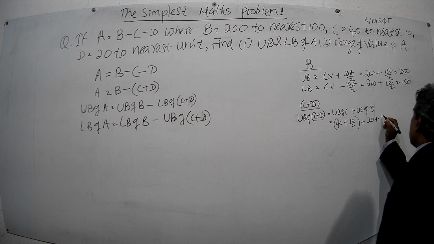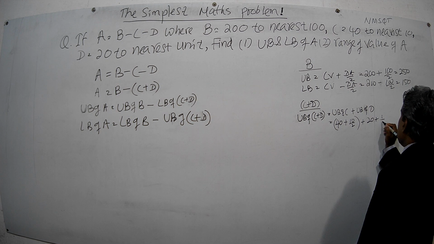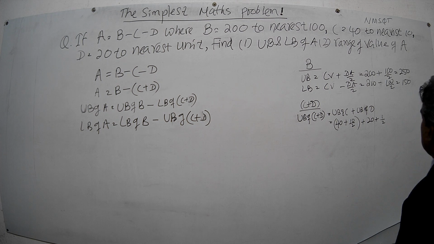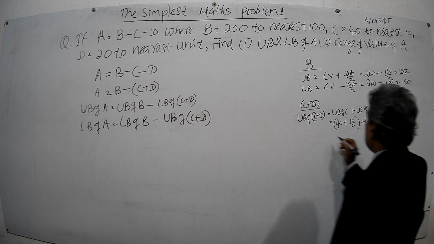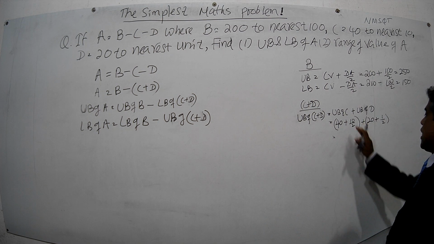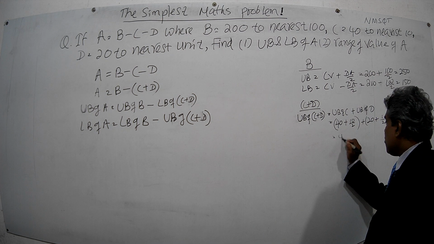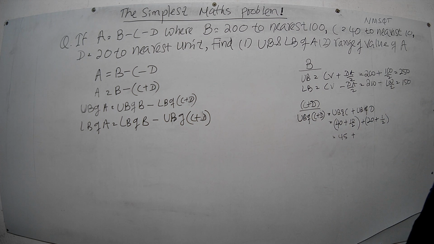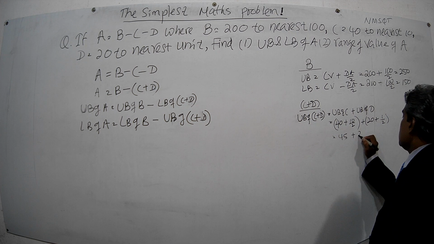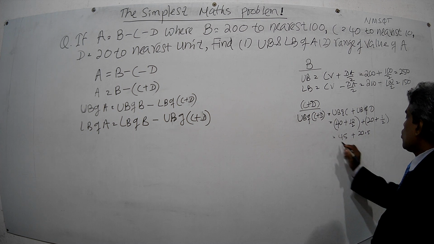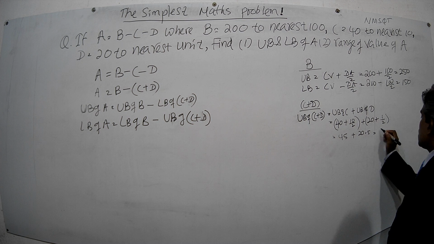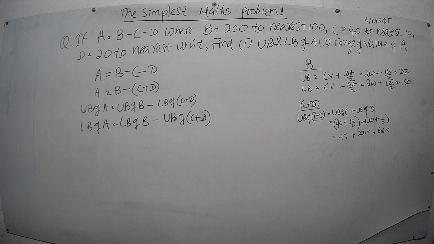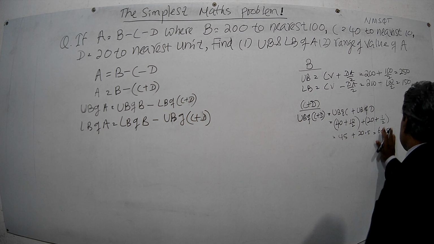We have done that previously. So 40 plus 10 over 2 is 45, plus 20 plus half is 20.5. Adding those two, you get 65.5. That's the upper bound of C plus D.